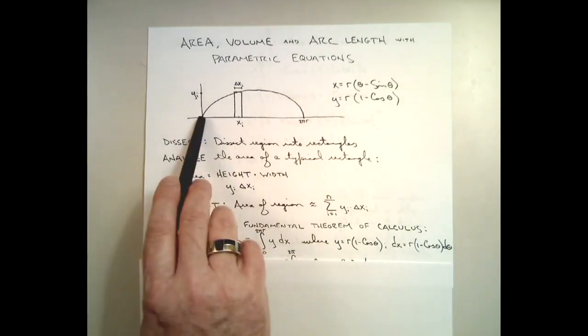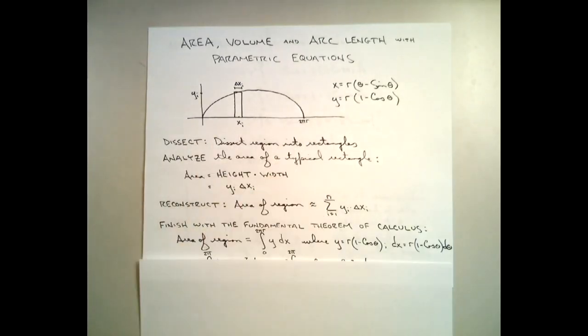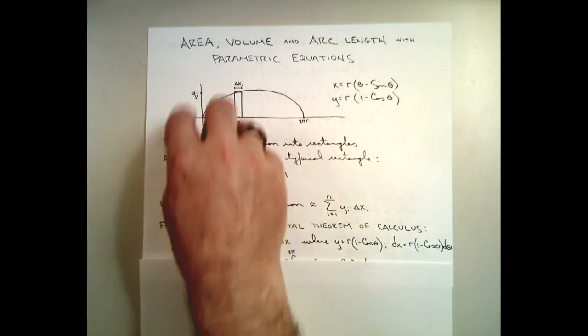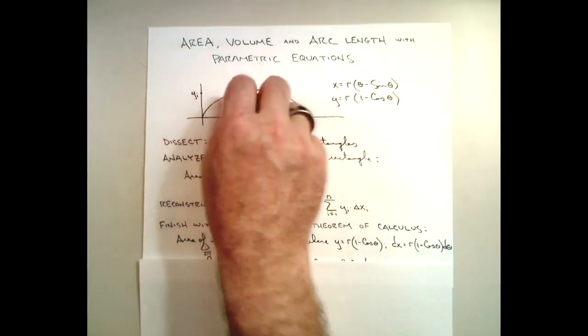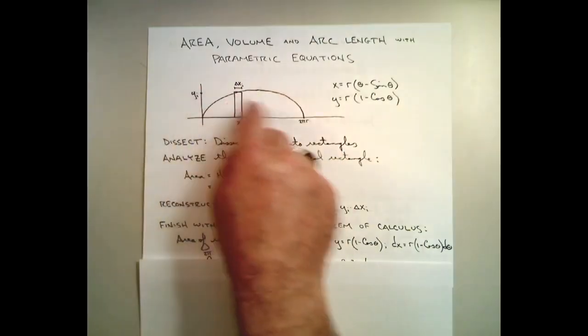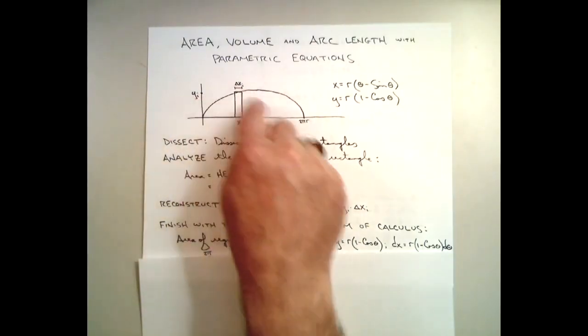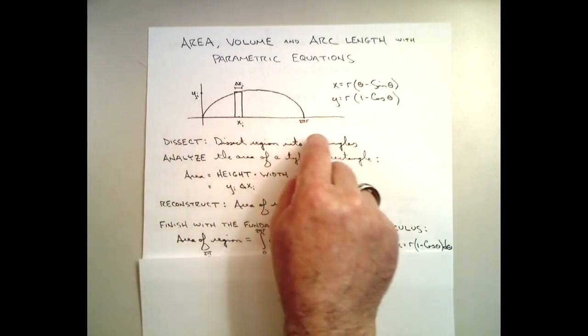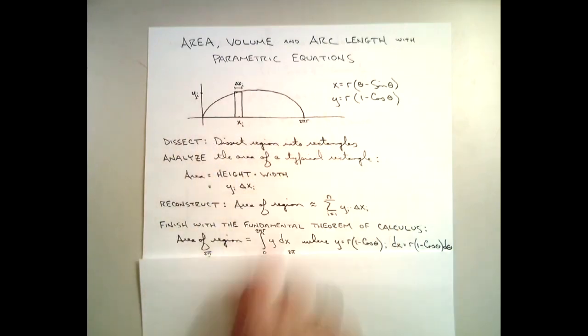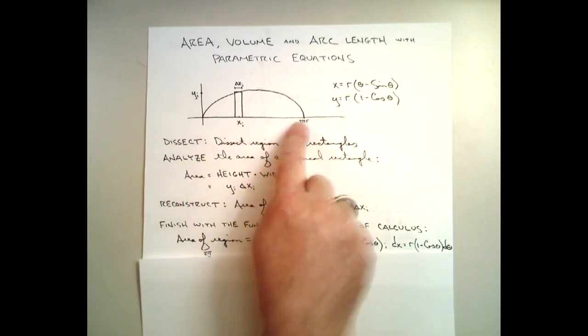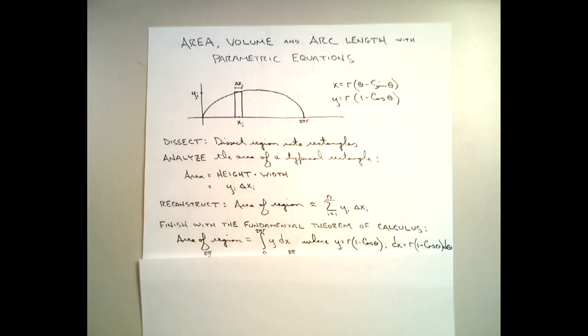You might recall that one period of the cycloid is generated by taking a circle and looking at a point and following that point as the circle rides along a curve, and by the time the point comes back to here, the entire circumference of the circle has ridden along the x-axis, and so the circumference of the circle being 2 pi r gives us the range of x values that are being traversed for one period of the cycloid.